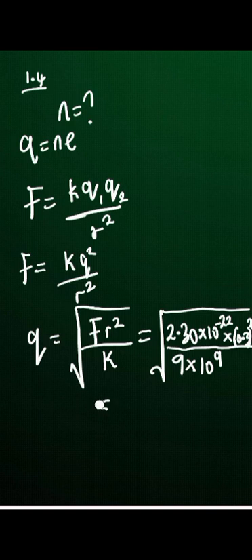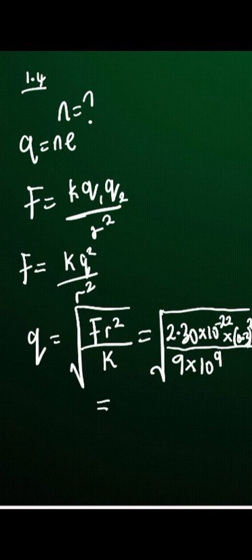So if you evaluate this in your calculator, what will you have? That should give you 2.30 times 10 raised to power minus 22, times 0.3 square, all over 9 times 10 raised to power 9, under the square root.